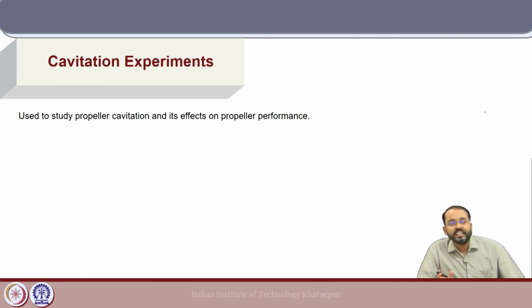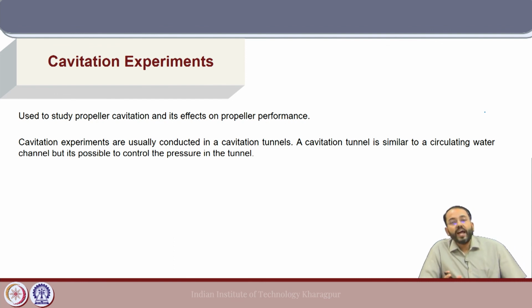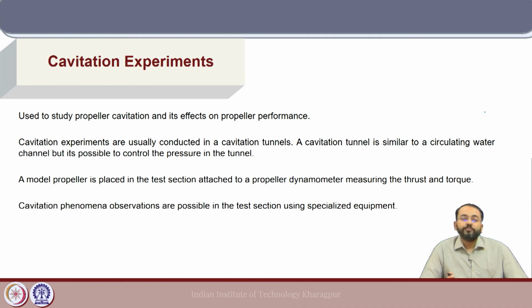So, in a cavitation experiment, what we do is the propeller performance is measured in a cavitation tunnel. So, the propeller thrust, torque and efficiency are measured for different flow conditions in a cavitation tunnel, where in addition to the propeller RPM and the velocity of advance, we can also change the pressure.